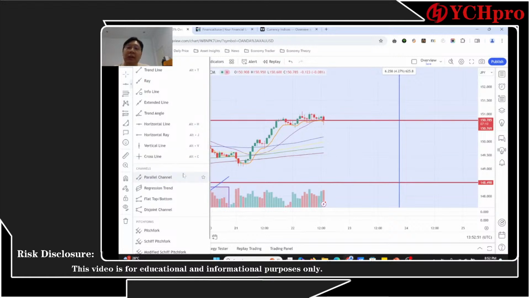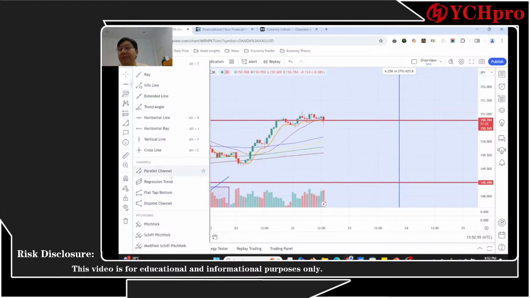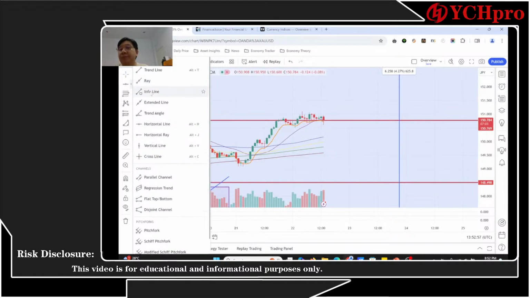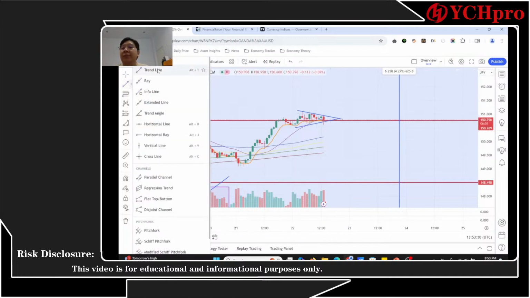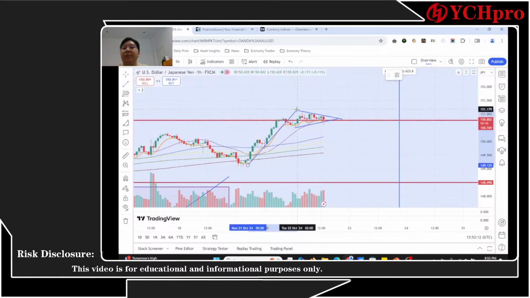Okay, so if you guys do look at it, I'm seeing this ascending triangle with the potential of a bull flag forming up as well. Could be one of the good signs coming out of this trend.